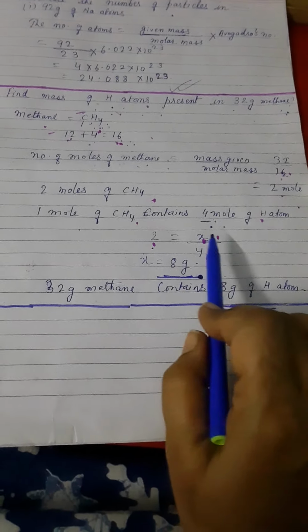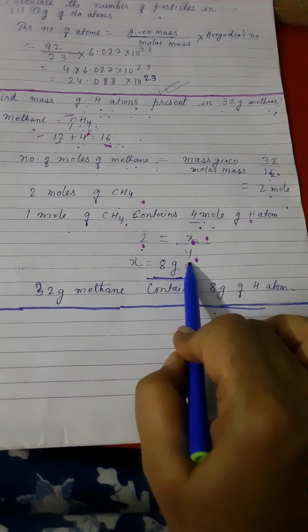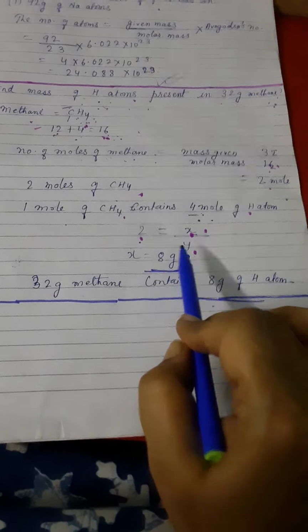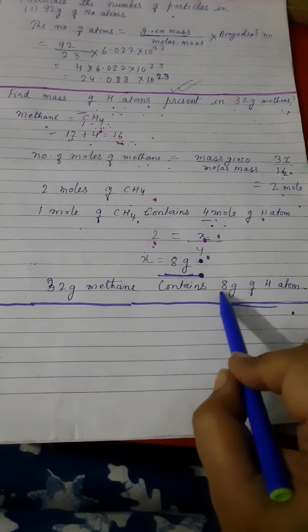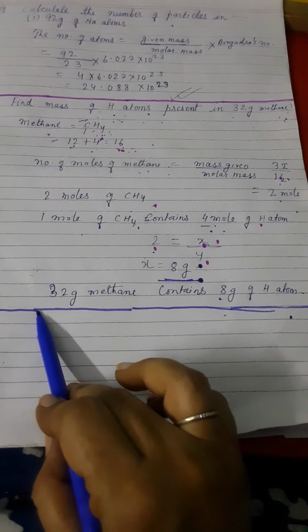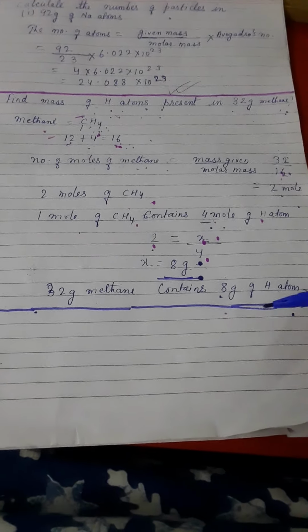Number of moles is mass given by molecular mass. Okay, and in this way we can find out the mass of hydrogen atoms present in methane. See the sums. Understand?